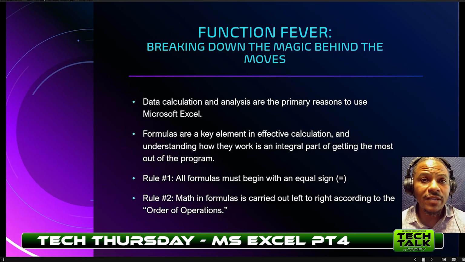One of the main things is how we start our formula, or being able to identify when you click into a cell whether or not that cell has a formula attached to it, and that's going to be the equal sign. If you look in the formula bar of an Excel sheet, you'll notice that when you click into a cell that has a formula inside of it, it'll begin with an equal sign.